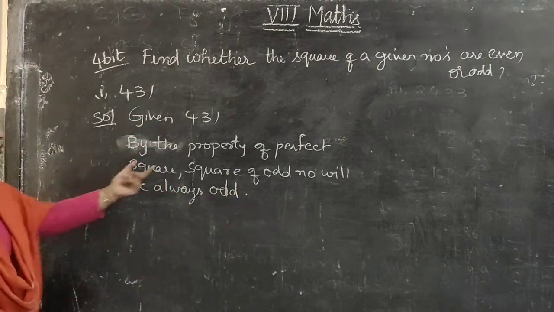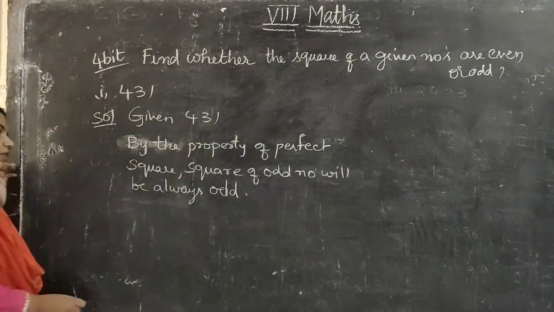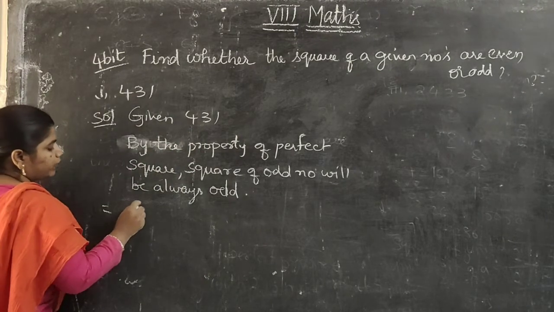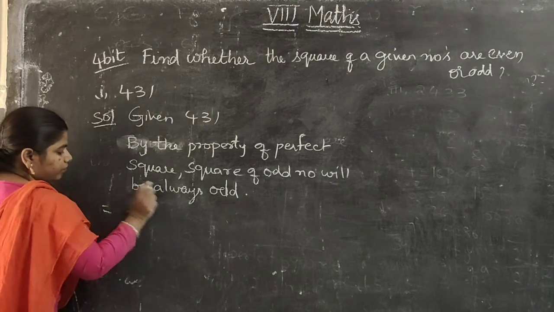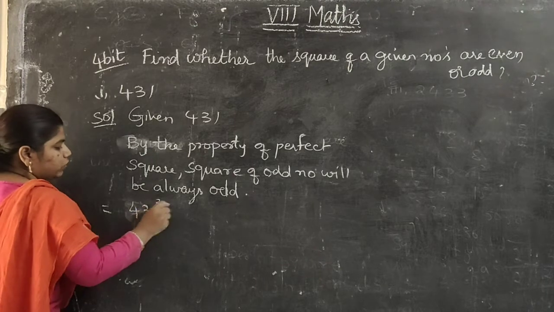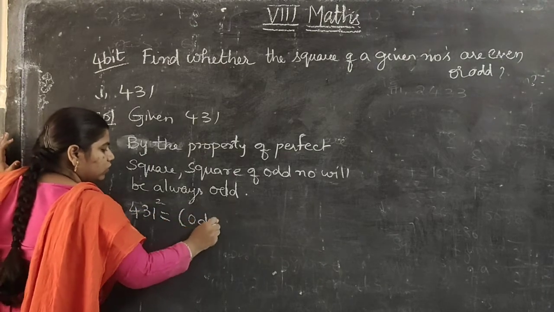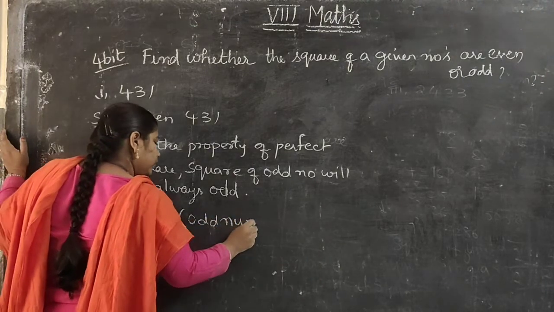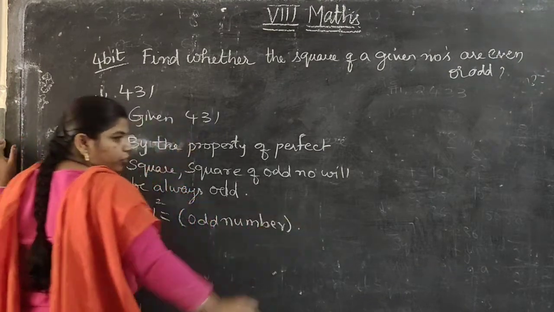So what is the square of this 431? Again the result will be an odd number only. So 431 squared will always be an odd number because 431 is an odd value.